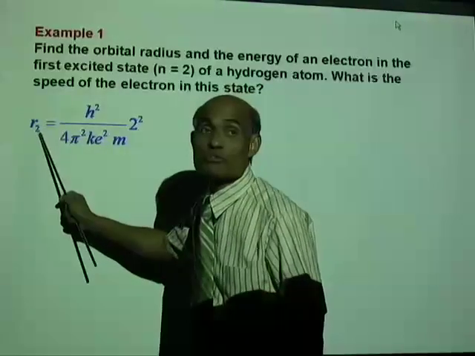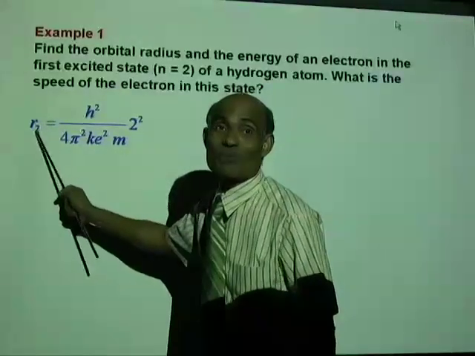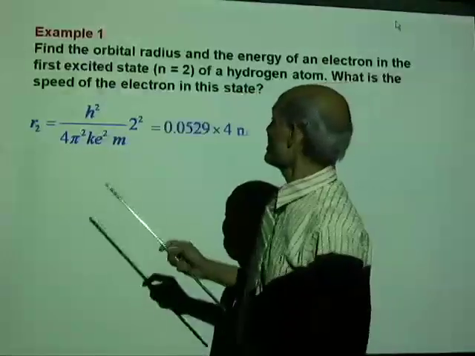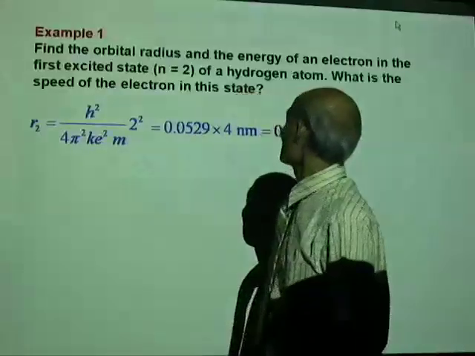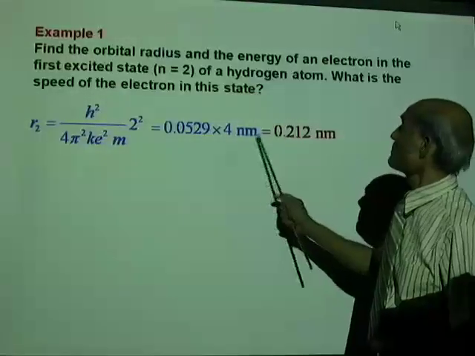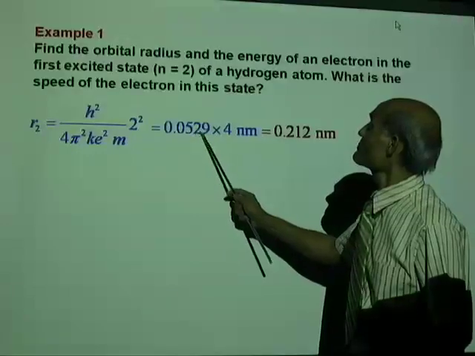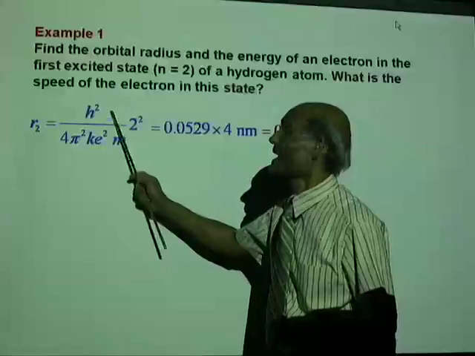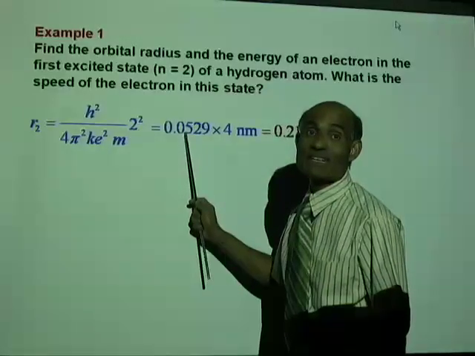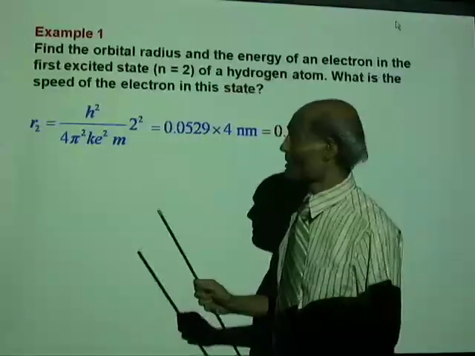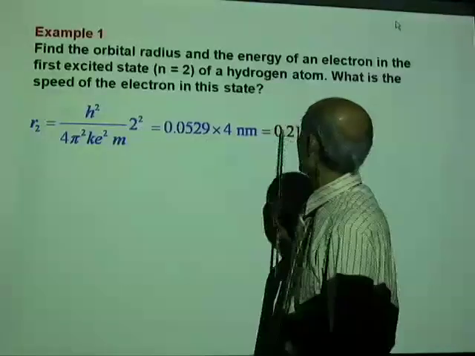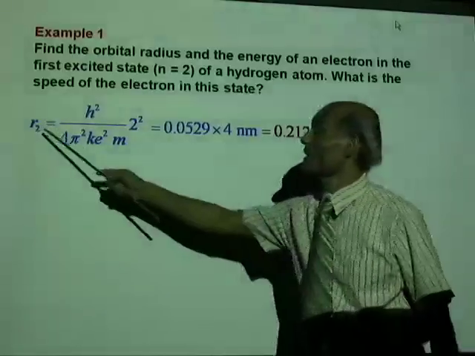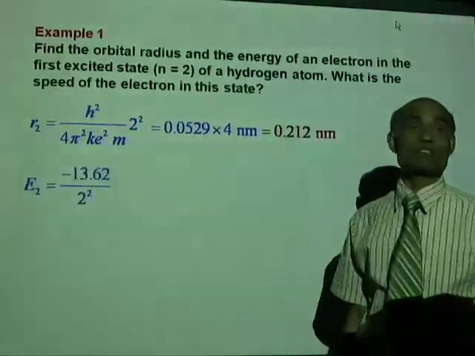When n equal to 2, you get the radius of the second orbit. What we need to do is put in all those values and calculate: 0.0529 nanometer, which we calculated earlier, times 2 squared, which is 0.212 nanometer. And that's the radius of the second orbit.